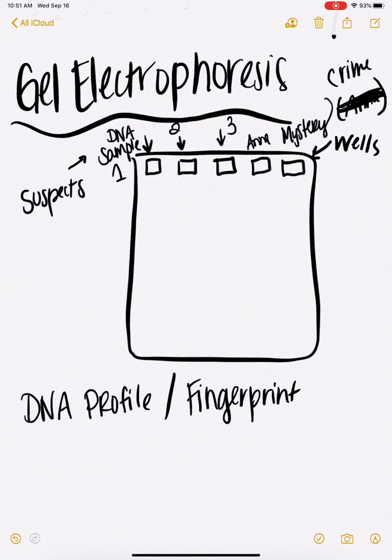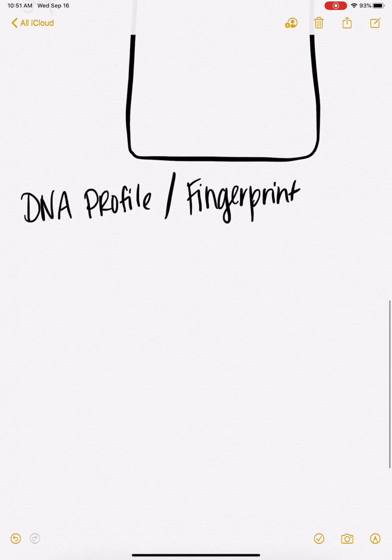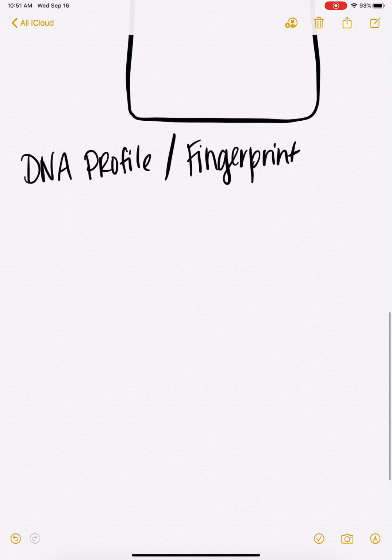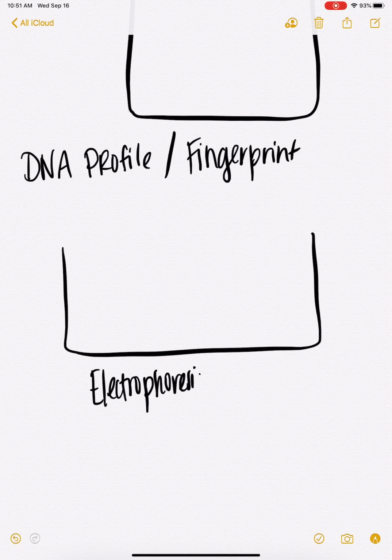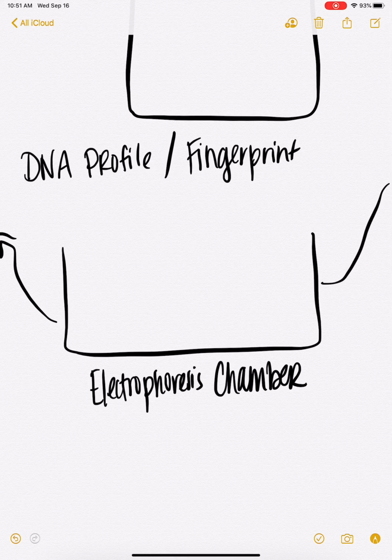So they load the DNA samples in the wells, and then they put the gel into a box, and this is called the electrophoresis chamber. And you hook it up to electricity. It's got these cords that come out of it, one hooked to a positive end, and one hooked to a negative end.